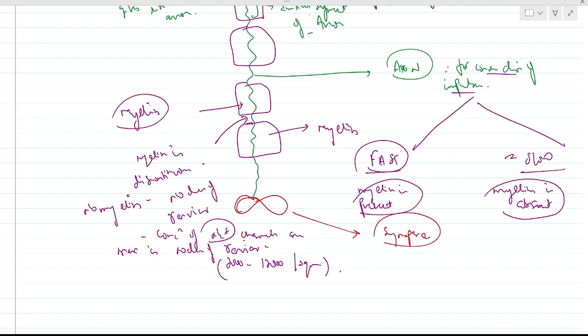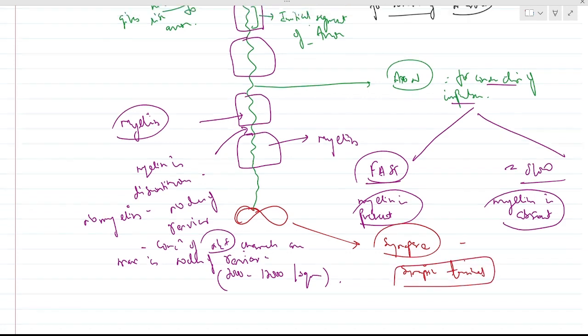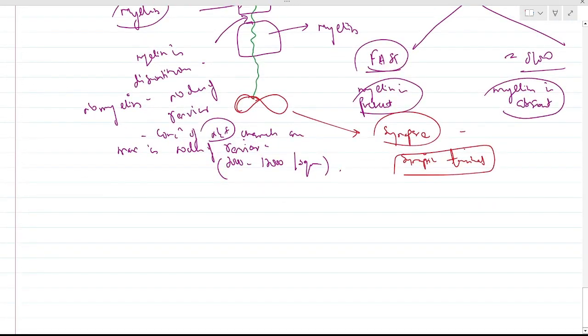At the end of the axon we have a synapse called the synaptic terminal. Okay, synapse with synaptic terminal at the end of the axon. Now I'm going to see some conduction types in the neuron.